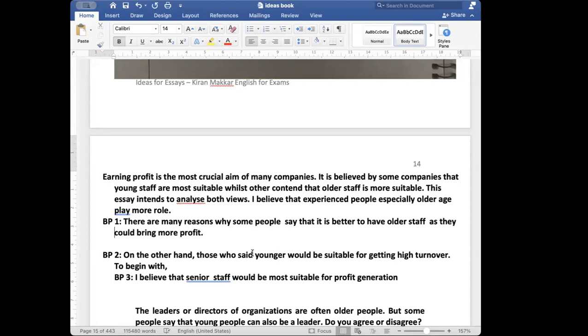On the other hand, those who say that, say that youngsters would be more suitable for getting high turnover, comma.